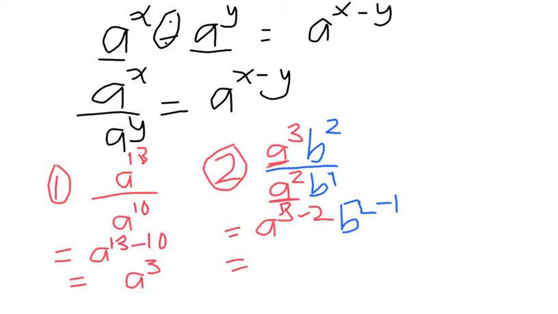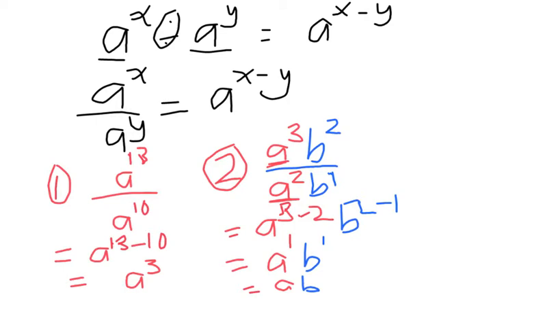So, 3 take away 2 is A to the power of 1, and 2 take away 1 is B to the power of 1. We can also write this out as AB. We don't actually need to put the power of 1 there, but it is just a good way of remembering that it is to the power of 1.